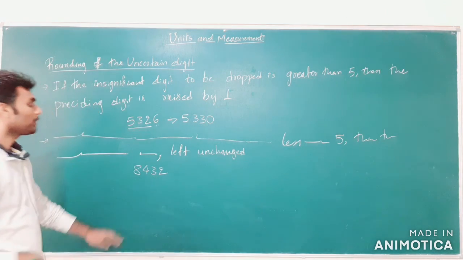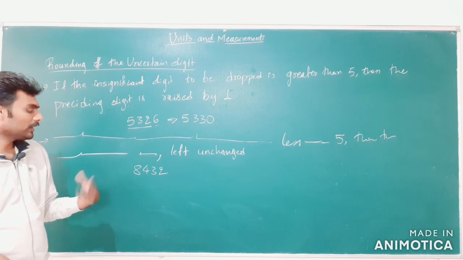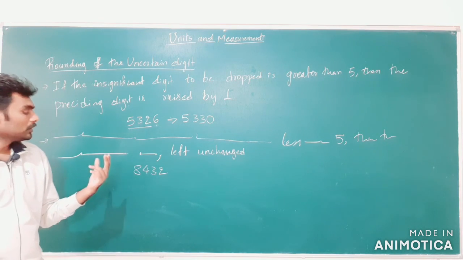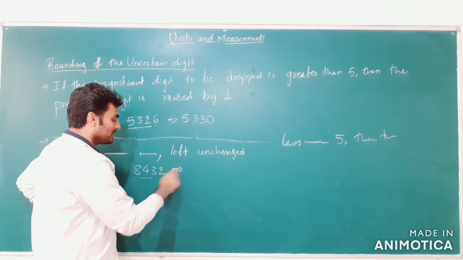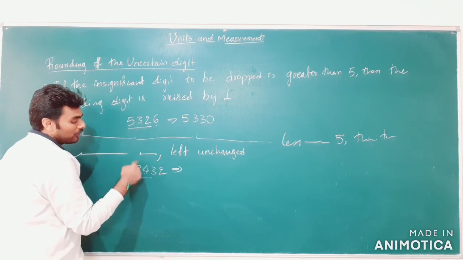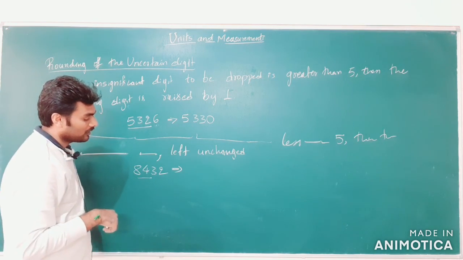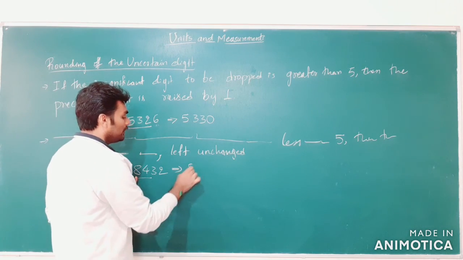In the same way, if I want to round off 8432, this time to only 2 significant figures, then I should write 8.